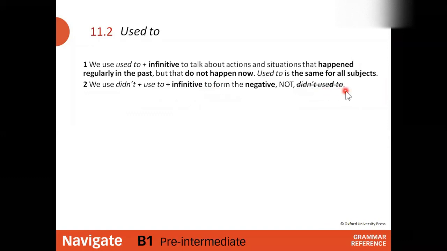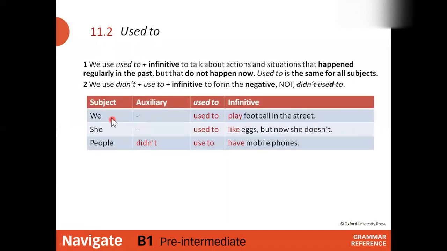Not didn't used to. You should drop D when you want to make negative, so it's like in past simple. At the beginning you use the subject, then the auxiliary verb if it's negative, then used to, then the infinitive.